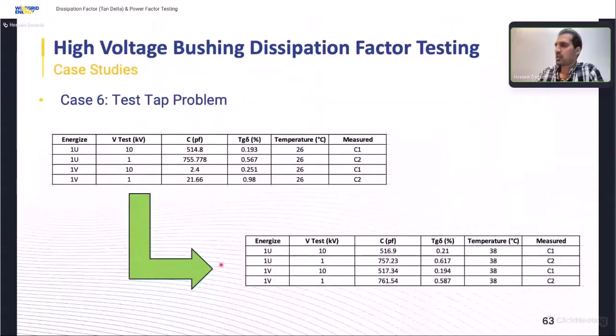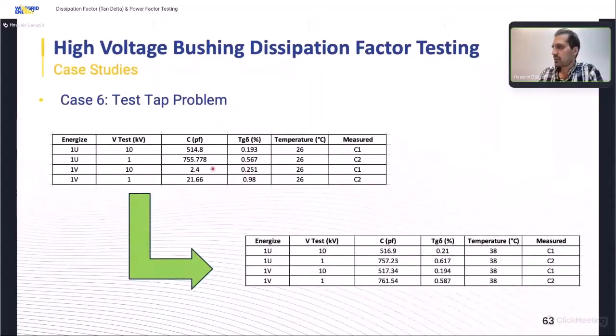Here you see, for two bushings of a power transformer, we've measured C1 and C2. For phase 1, you see C1 and C2 values, also dissipation factor, are in normal range. But for the second phase, as you can see here, the dissipation factor value also is in normal range.